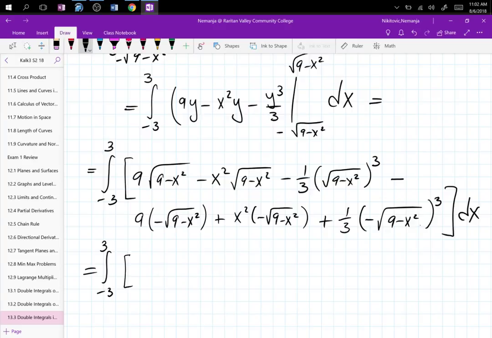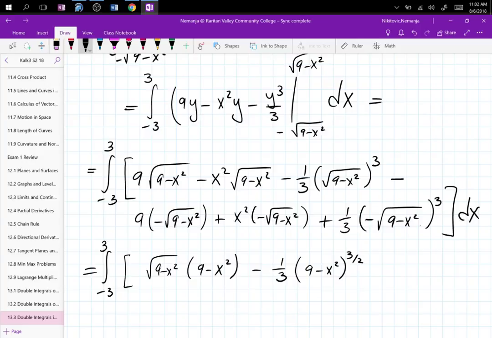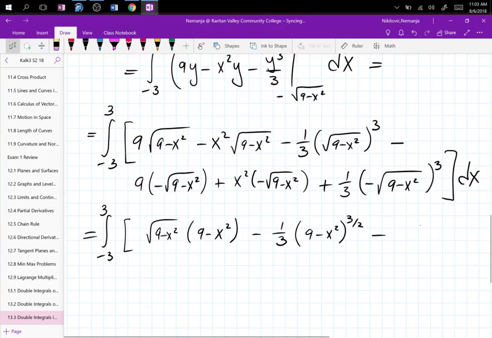So the first one, if I factor out square root of 9 minus x squared, I am left with 9 minus x squared here, and then minus 1/3, and I'm going to put this as 9 minus x squared to the 3/2, because that's the right exponent. We'll deal with that soon. Minus, so now I'm going to do the same over here.